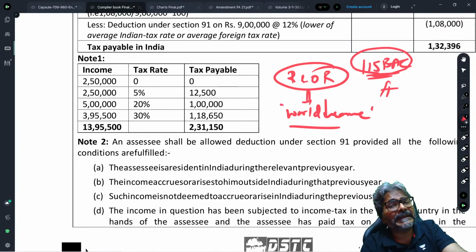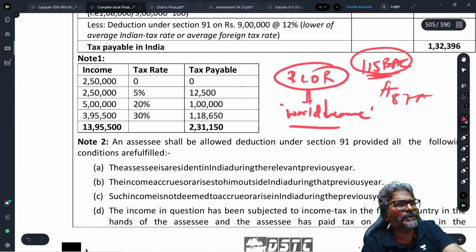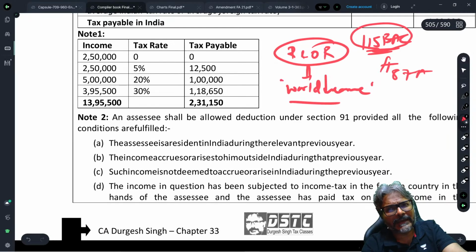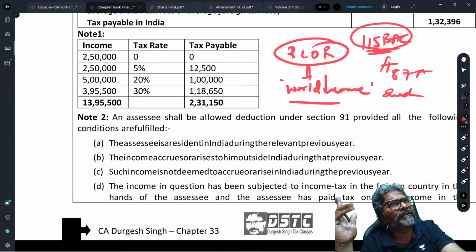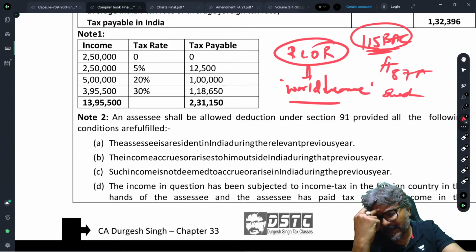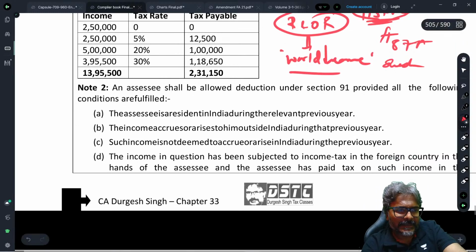What about the rebate of 87A? Rebate of 87A is available, not an issue. What about the surcharge? Surcharge is the normal surcharge, 50 lakhs above, 1 crore above, 2 crores above and 5 crores above. That is how the normal rate of surcharge would be applicable if the total income as computed under 115BAC exceeds the thresholds.